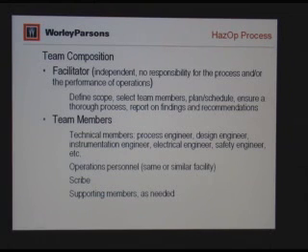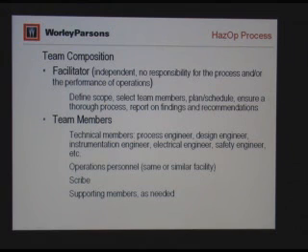And the facilitator needs to define the scope of the study and select team members, and plan and schedule the HAZOP, ensure the HAZOP goes through a thorough process, and also needs to report on the findings and recommendations from the meeting.